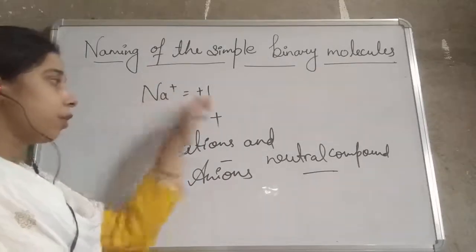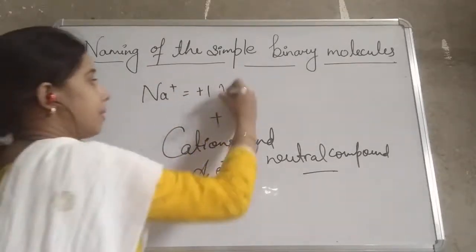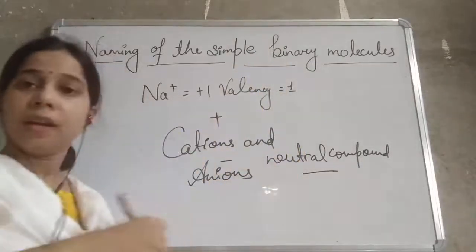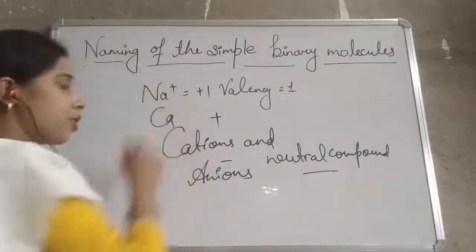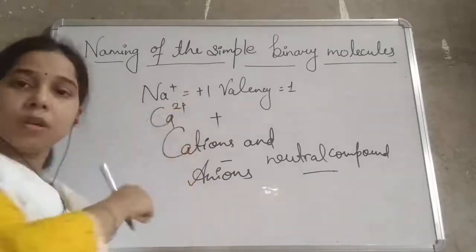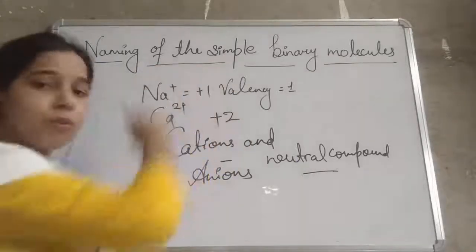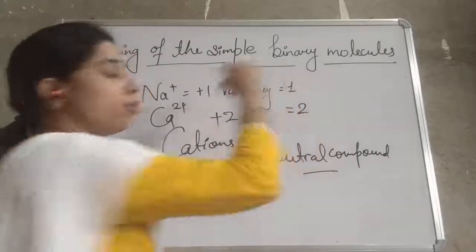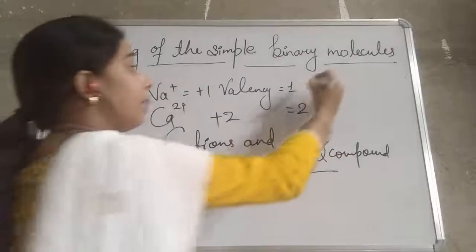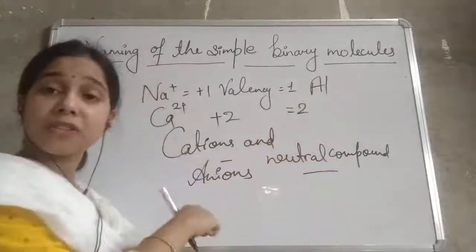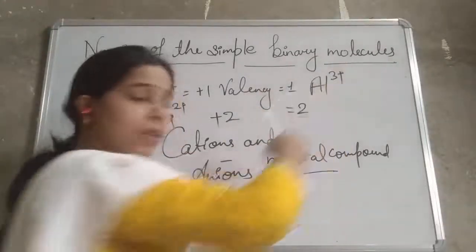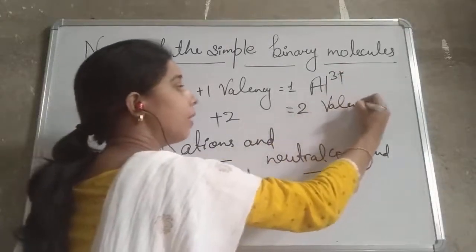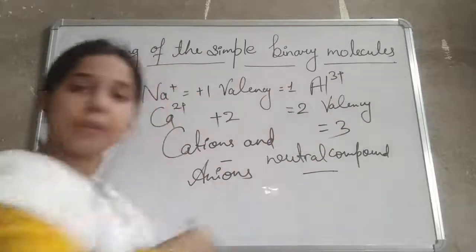If we take calcium, calcium is +2, so the charge is +2 and the valency of calcium will also be 2. If we take aluminium, the charge is +3, so the valency will be 3.